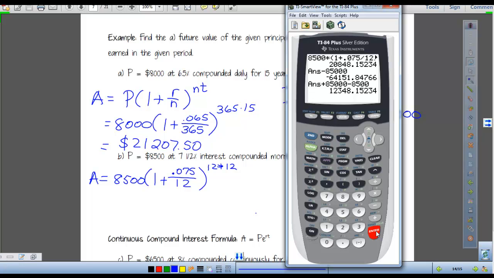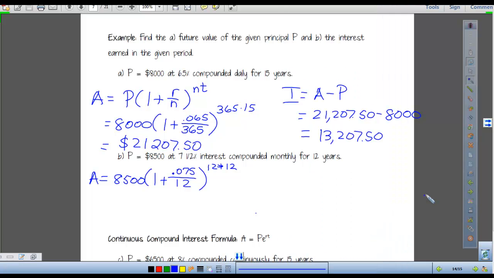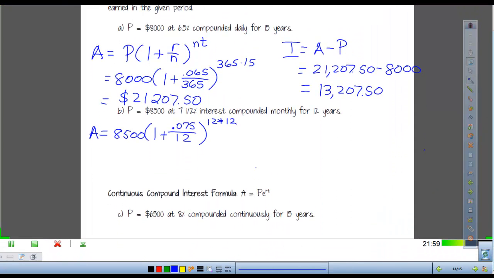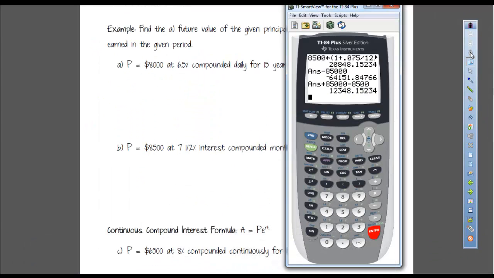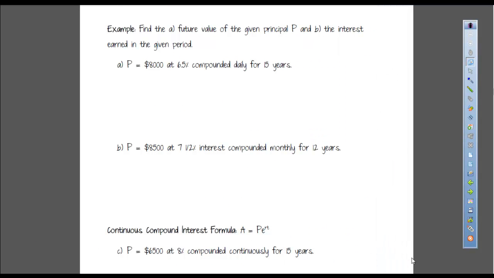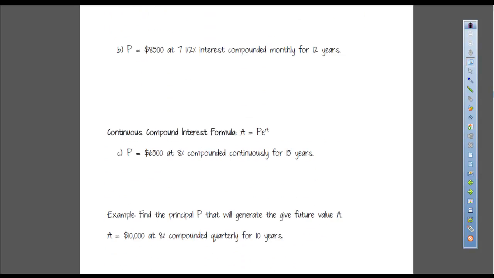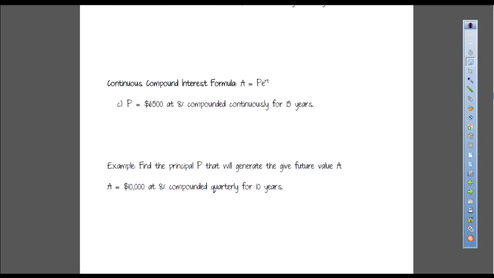All right, let's talk about, do we have time? A little bit. Okay, let's talk about continuous interest. Okay, basically, I don't know if we mentioned this at all yet, but obviously the more often we compound, the better, right?